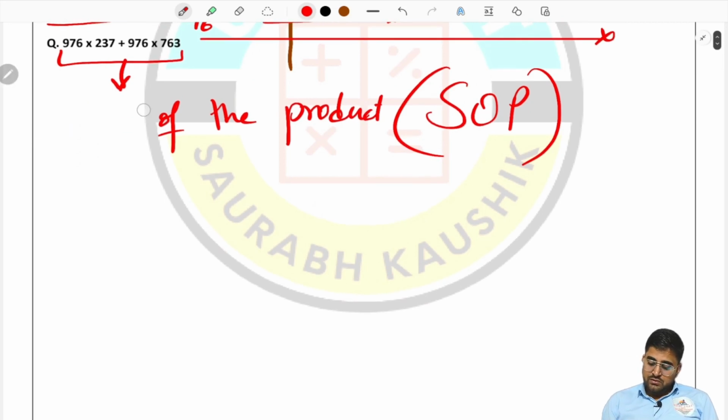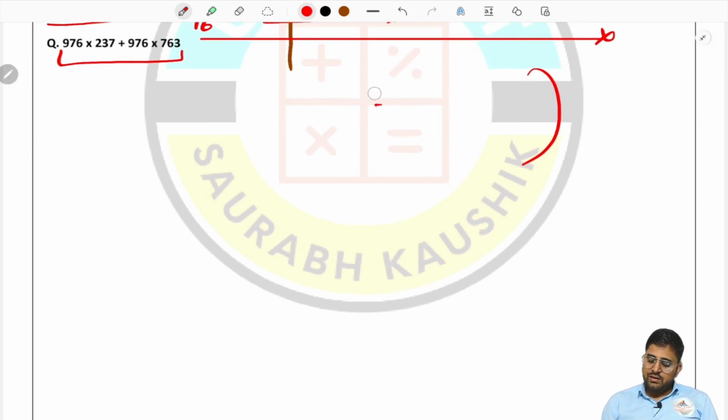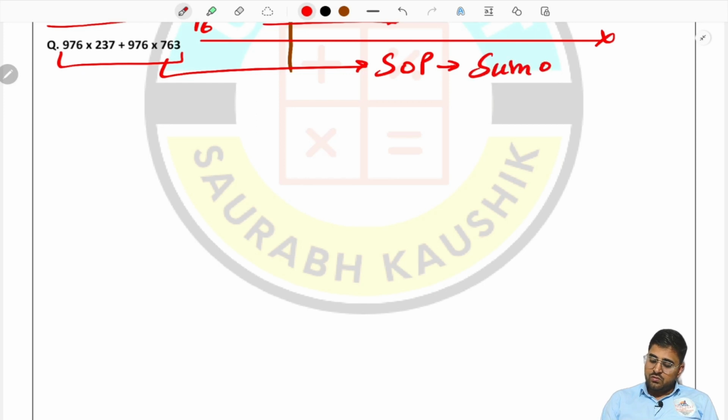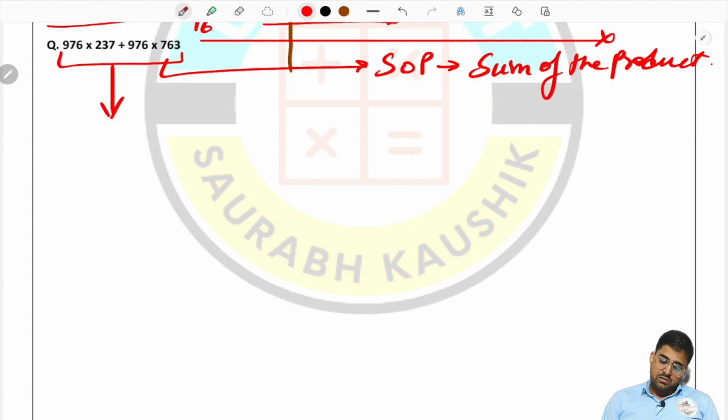So whenever I say SOP, you have something to learn. SOP, sum of the product. I hope it is visible. Yes, it is visible. Now we have a question: 976 into 237 plus 976 into 763.